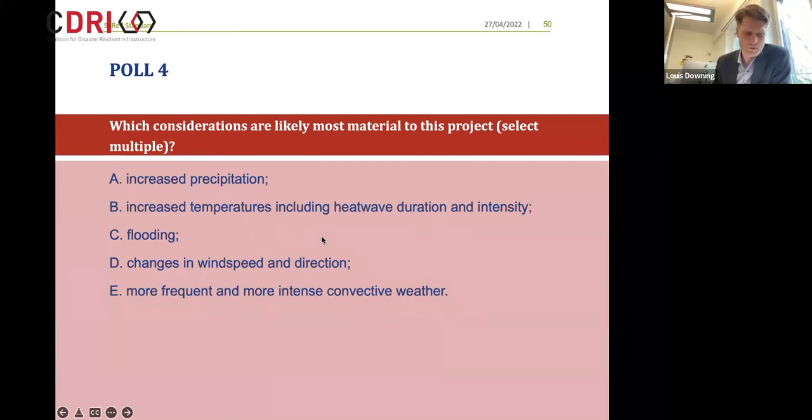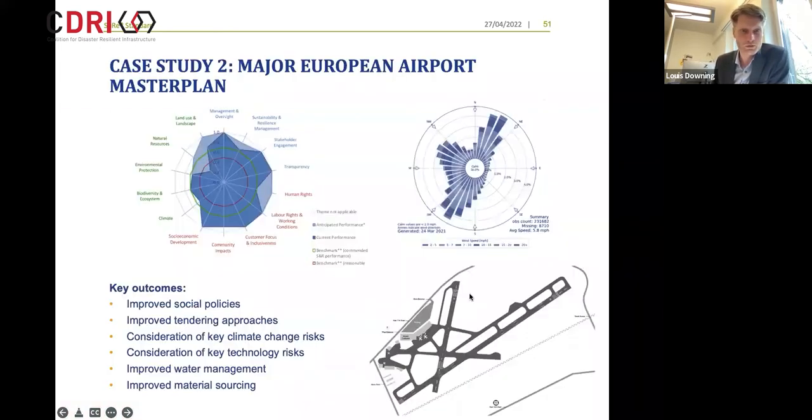So these are some items which were not at all in the master plan before we did this assessment against the standard. But the fact that they were doing this master planning process and integrating the standard into it enabled them to really do a lot of great improvements. So, for example, improving their approaches to tendering, building in key climate risks to the project, also looking at key technology risks.